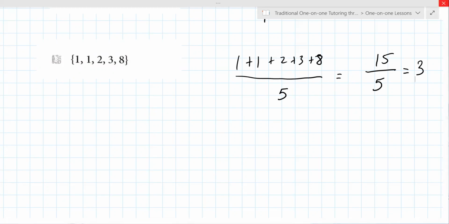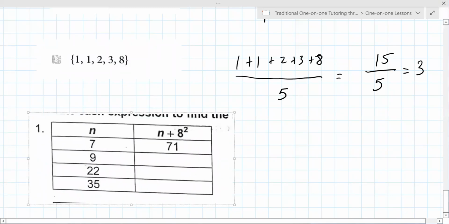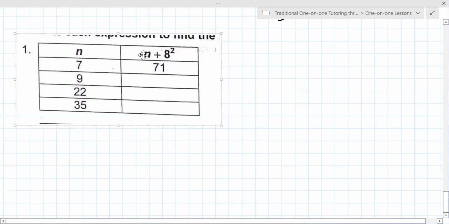All right. Do you want us to finish up this page or go back to the tables on page 2? Well, I think we can go back to the tables on page 2. All right, let's look at number 1 first. The important thing here is to figure out the order that you're going to evaluate in. What is that order? So you have n plus 8 squared. So the first one, it's 7 plus 8 squared.